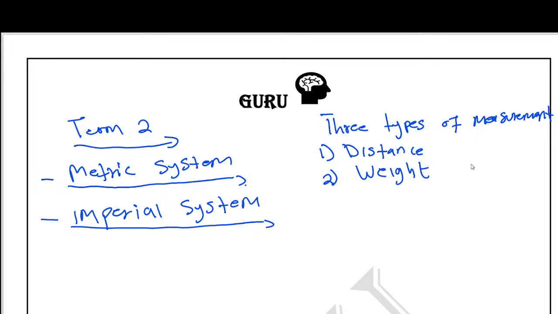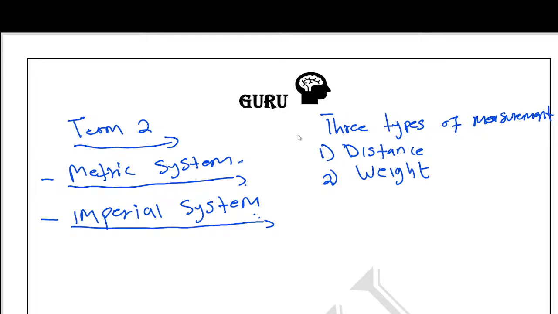All of these types of measurement have their own units of measurement in both of these systems. But our main focus now is going to be here. You must first understand the metric system before you go to the imperial system.